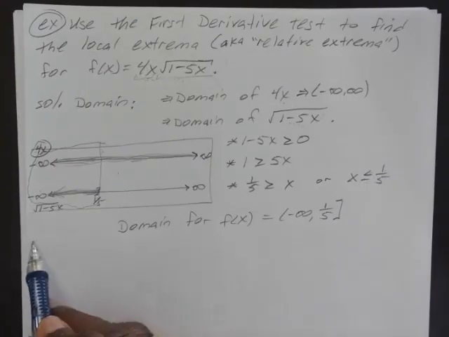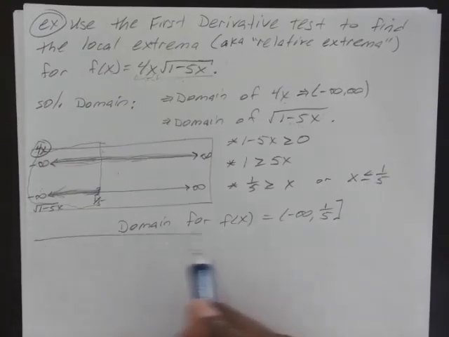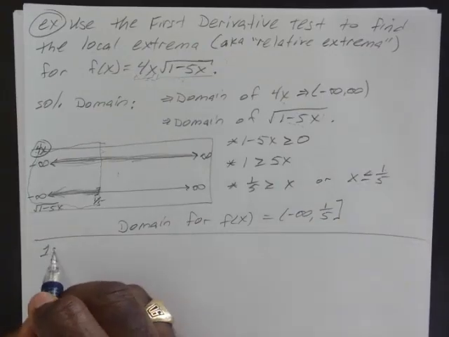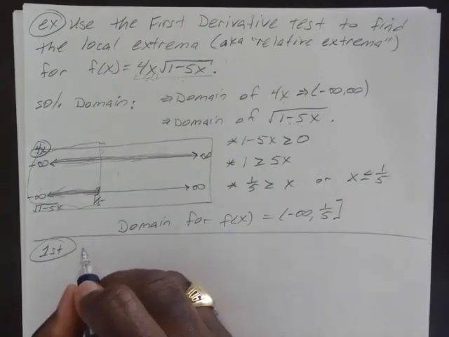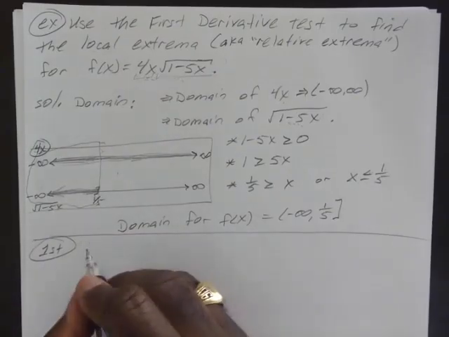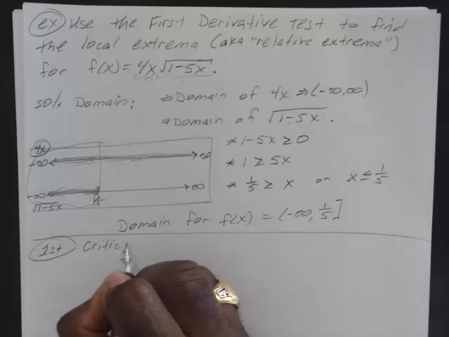So now we can start going to our first and second step. We're going to find our critical numbers.